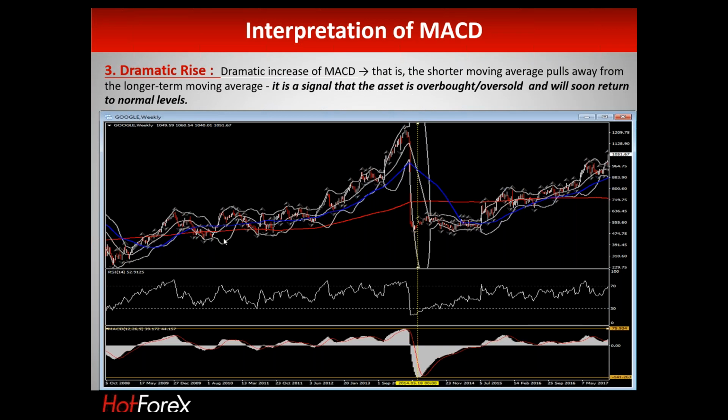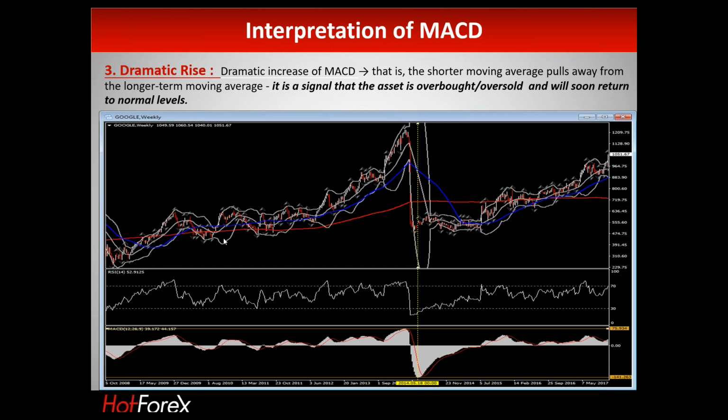So what we mean by a dramatic increase of MACD is when the short-term moving average pulls away from the longer-term moving average. So that's a signal. It's the only signal we have seen where the MACD gave us an oversold signal.